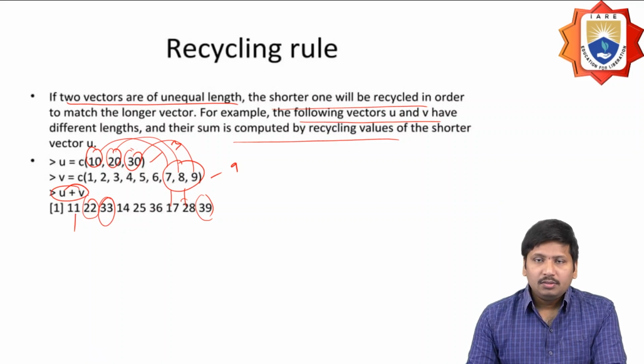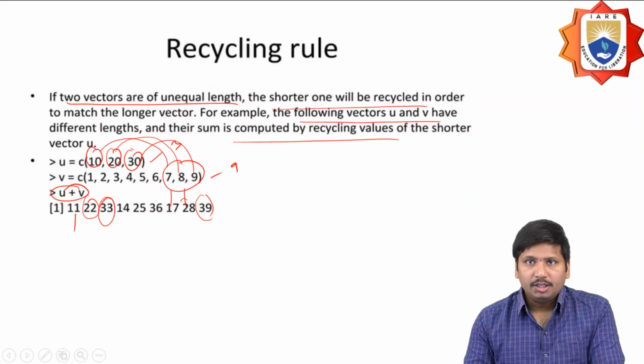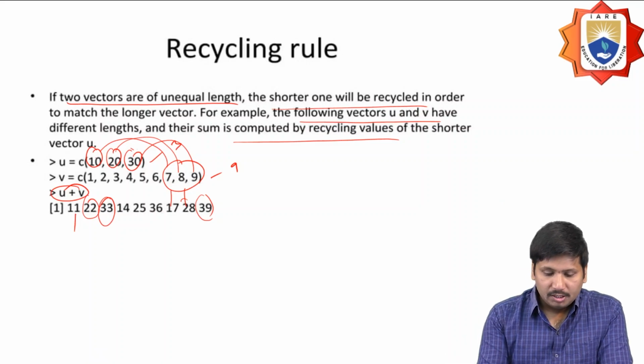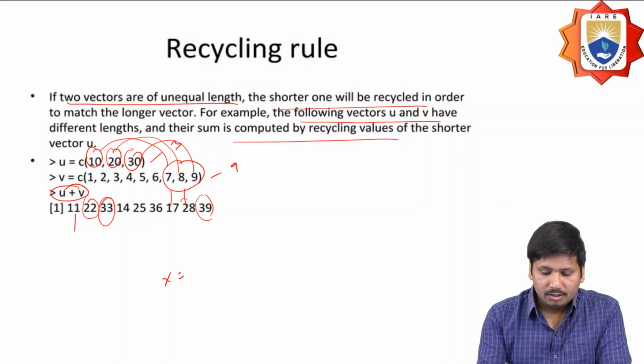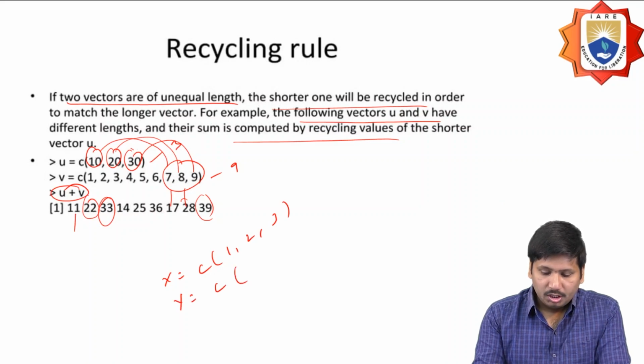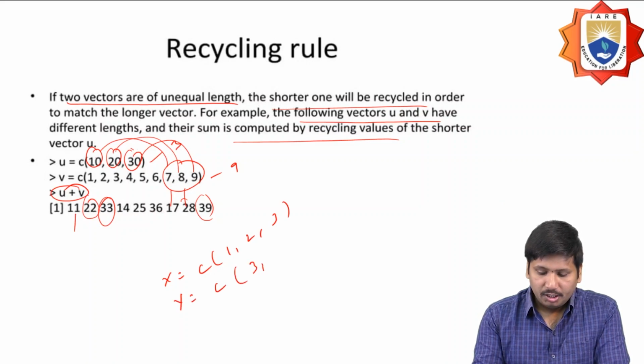Like this, I can perform the addition according to the recycling rule when the two vectors have different lengths. Let's see another example. Suppose x is equal to c of 1, 2, 3, and y is equal to c of 3, 2, 1, 4, 5, 6.